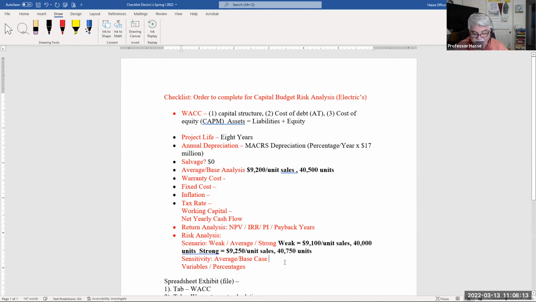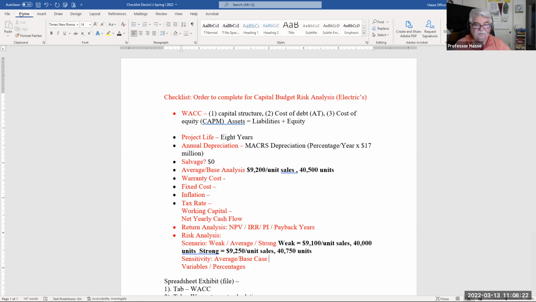The sensitivity analysis is based on the average base case, just like you did in case number 3. And what you have to do there is, what are the sensitivity variables given to you in the problem? Well, the sensitivity variables are given to you in question number 6 in the analysis in the case on page number 4.